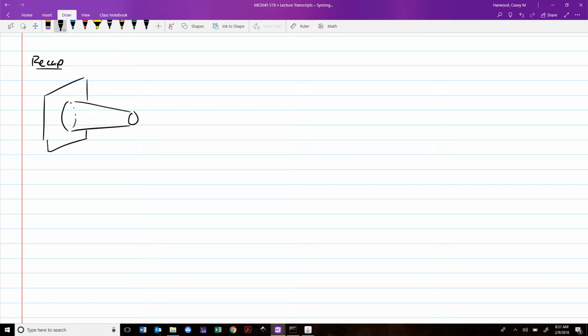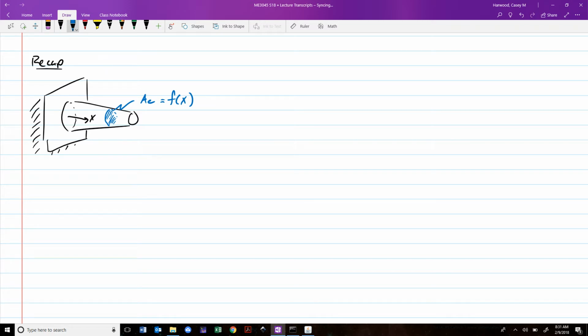We're assuming that it's something sticking out of a base, some extruded surface, of which the cross-sectional area varies along its length. We defined x as the measure along its length, and if we took a slice through this thing, it had some cross-sectional area, A_c, which was a function of x.